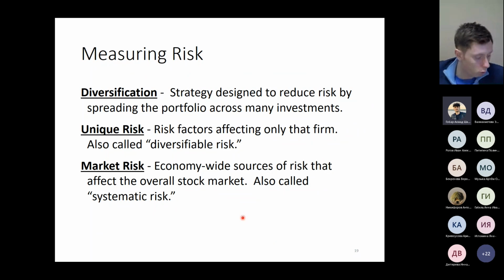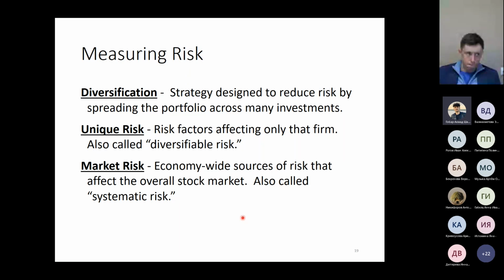This is a strategy of reducing the risk by spreading the portfolio across multiple investments. So in more simple terms, to invest in different assets together, and this is the way to reduce the risk, and we will demonstrate how it works.